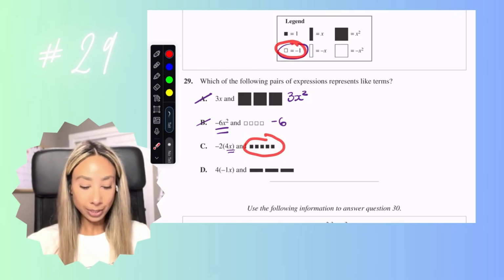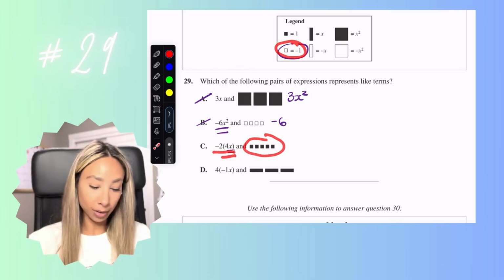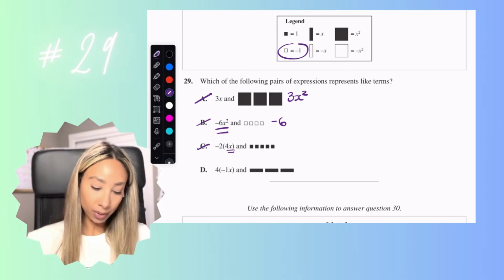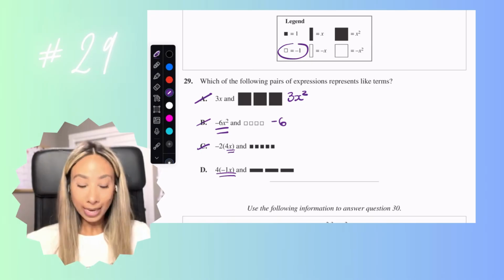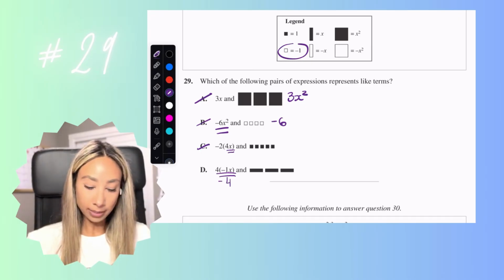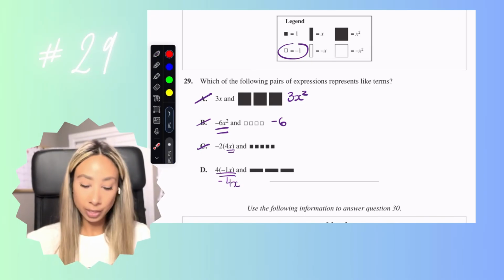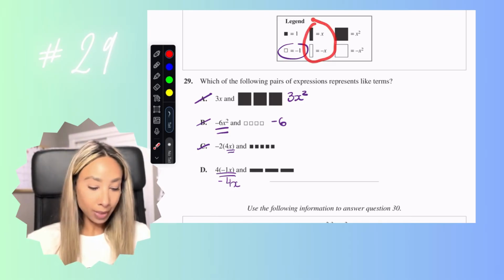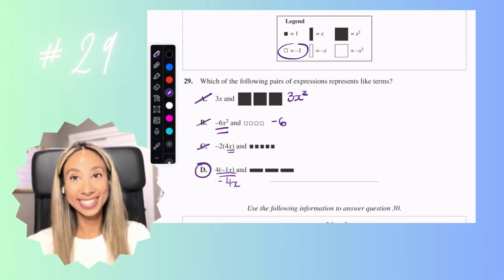Those are just numbers, and here we have a variable. That's not going to work. So let's verify our last one. Here we've got an x. We technically have negative 4x, and we want to know which one would be a like term. The only ones that have an x in them are these ones here. So that means our answer is going to be D. D represents like terms.